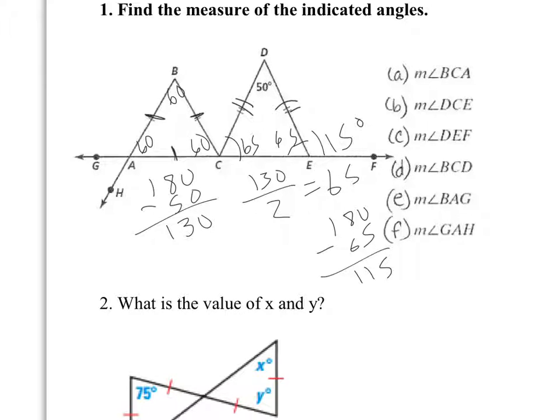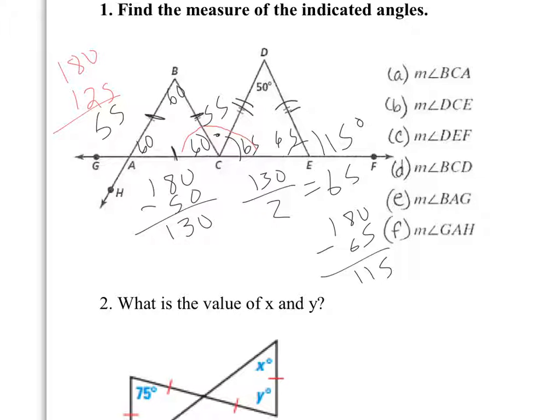Here, if you look, you have 65, this angle, and then a 60. If you add 60 and 65 together, that's 125. If you take that away from 180, that's going to give you this angle here, which is 55.